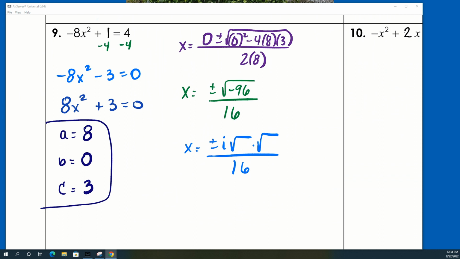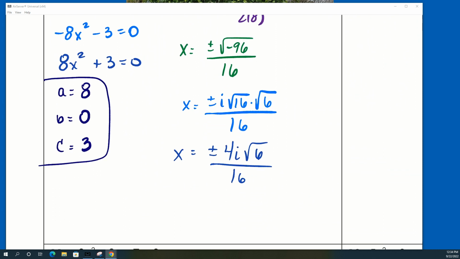And then I want to find a square that goes evenly into 96. 16, good. It's going to be 16 times 6. Okay, so we'll take the square root of 16. It's going to be 4. So we write that as 4i square root of 6 over 16.